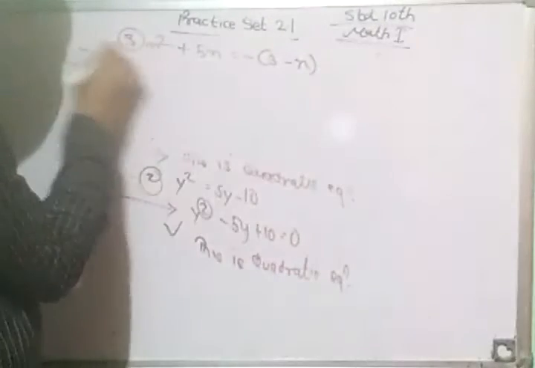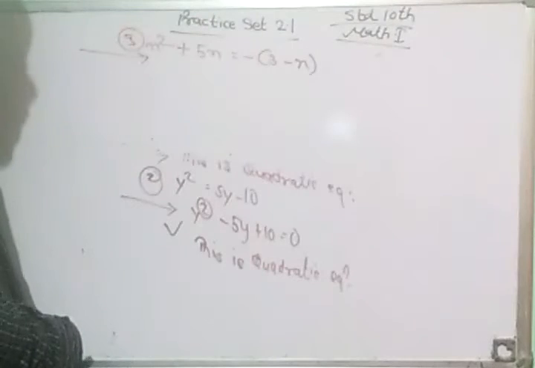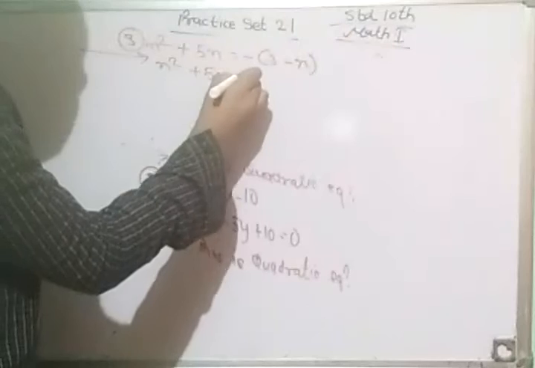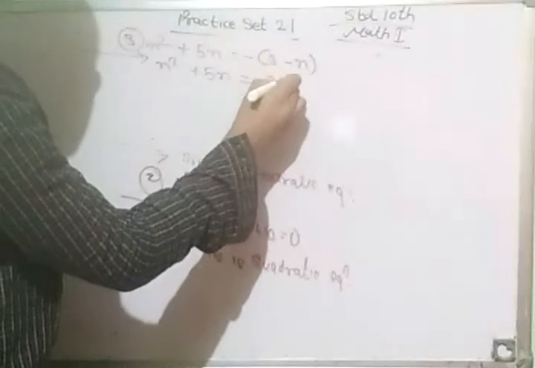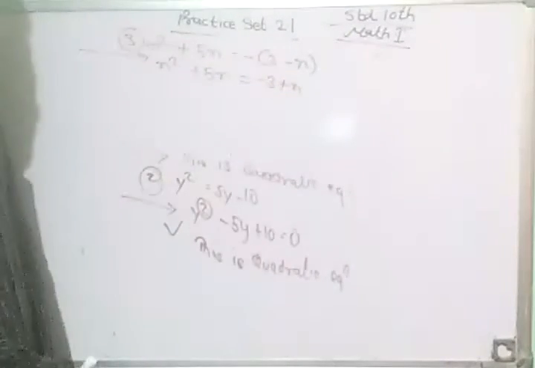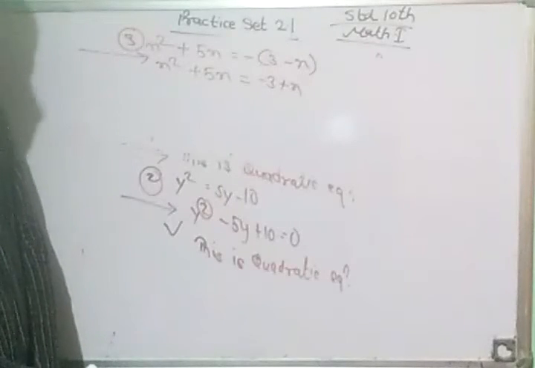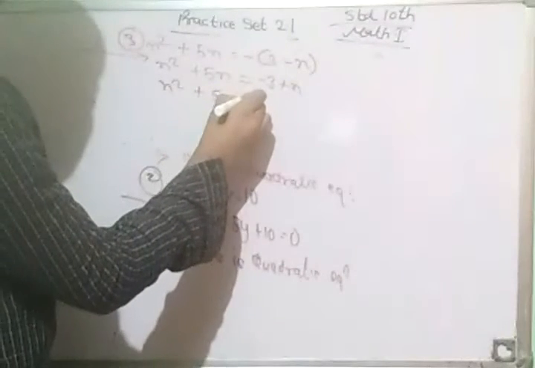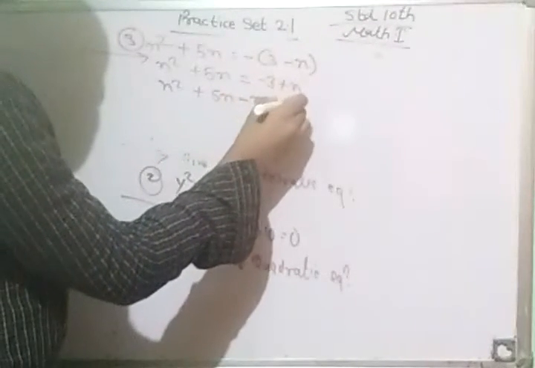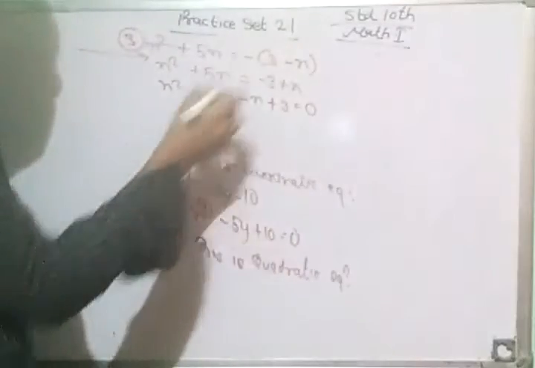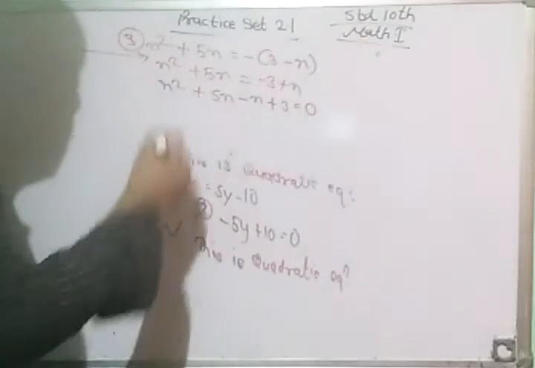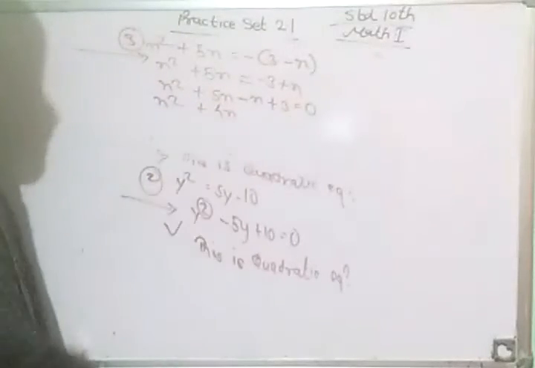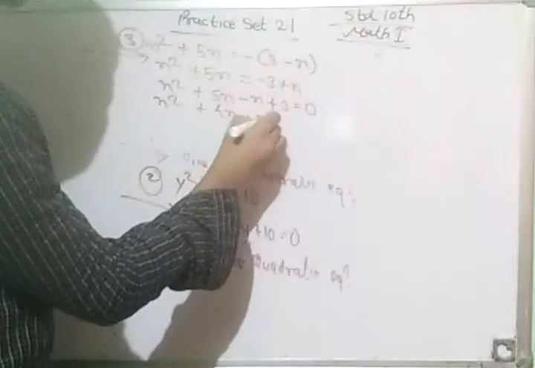First we write this equation in the standard form by changing positions. x square plus 5x is equal to minus 3 plus x, minus into minus is plus. Terms change position, so the sign also changes. x square plus 4x, 5x minus x is 4x, plus 3 is equal to 0.